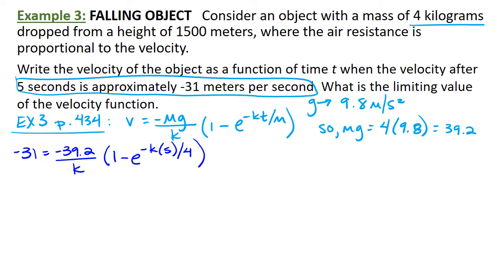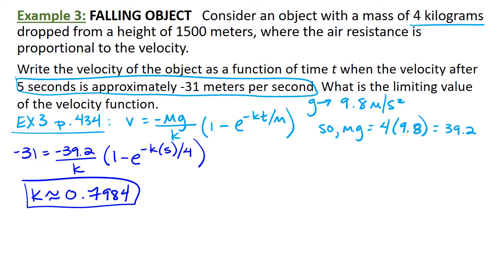So what we can do is graph this in y1, this in y2, and find the intersection. So we can find that k is approximately 0.7984, and you will absolutely want to try to do this in your calculator. So go ahead and pause this and try to find that value.